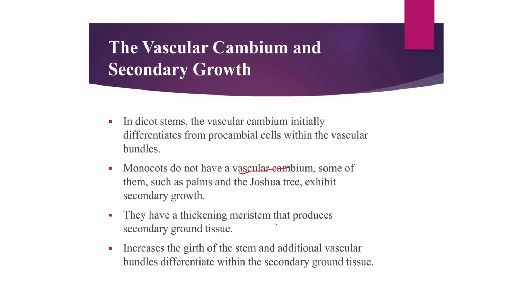They have thickening meristems that produce a secondary ground tissue. So here the cambium is absent, but the thickening meristem produces the secondary ground tissue. Okay, so there is an increase in the width of the stem and additional vascular bundles, which differentiate in the secondary ground tissue. So here the secondary growth is absent, but due to the production of this secondary ground tissue, they become thick in monocots.